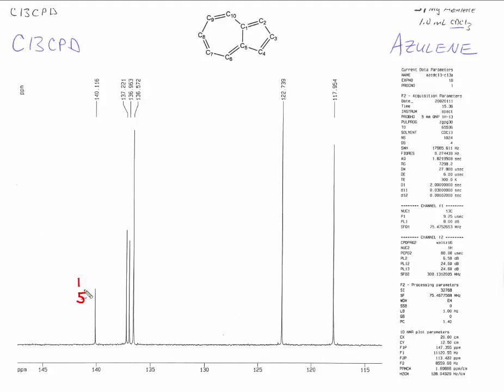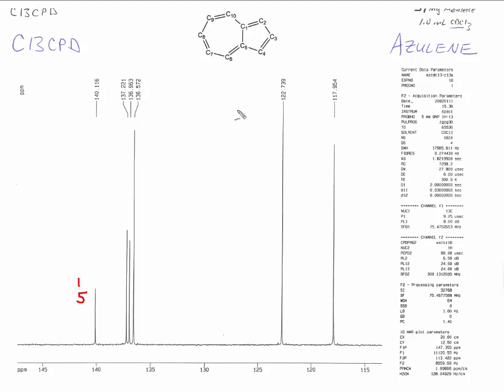Notice also that this 1,5 is smaller in magnitude. That has to do with the splitting, and you can often quickly identify the peaks that are lower as being the ones that don't have hydrogens attached. That's just another quick way of identifying them.